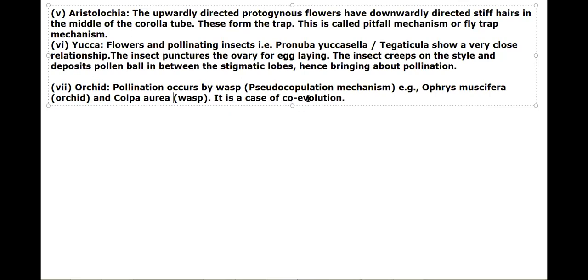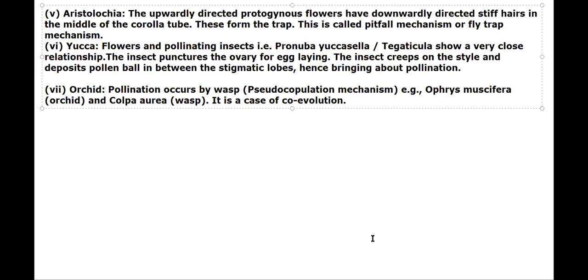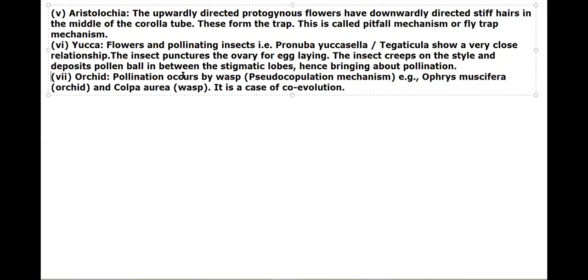It means if the flower changes, the wasp has to change, and if the wasp changes, the flower has to change, because both of them need each other for their survival. So if one changes, the other also has to change. Clear? So these are the different types of insect pollinated plants.